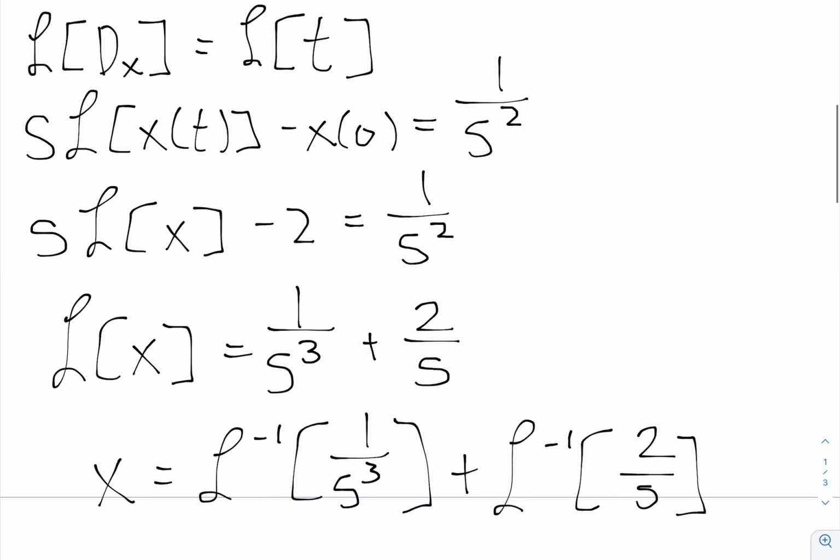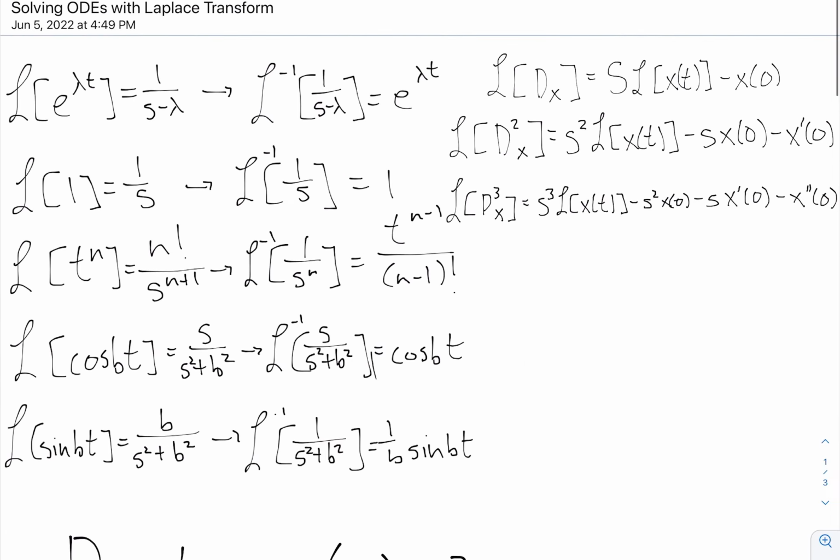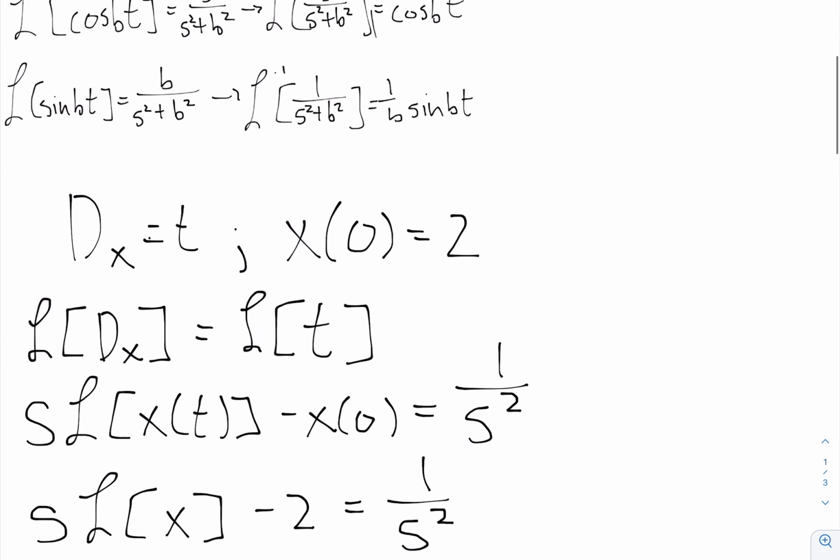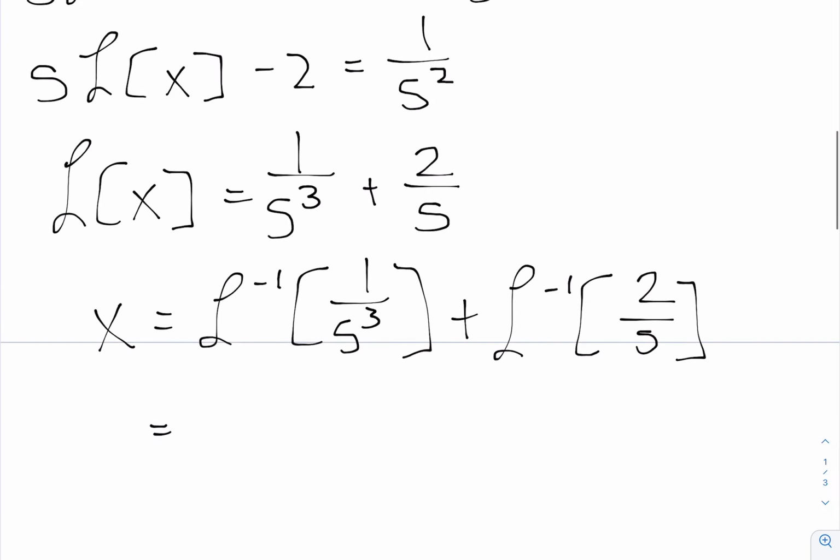Using our table here, for the inverse Laplace of 1 over s cubed, that means n is 3, so this will be t to the 3 minus 1, so t squared, over 3 minus 1 factorial, so over 2. So this would be t squared over 2.